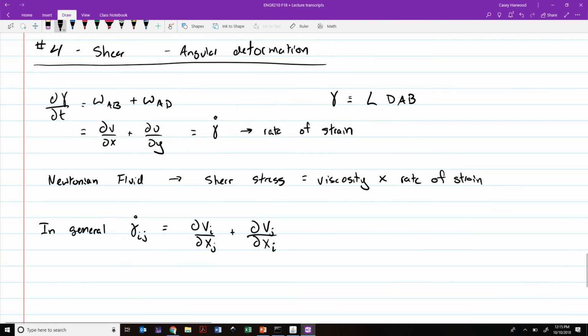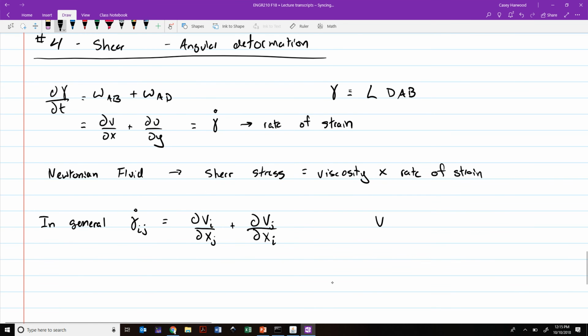For example, v1 is equal to u, v2 is equal to v, v3 is equal to w. x1 would be equal to x, x2 is equal to y, x3 is equal to z. This is indicial notation. So basically we're going to end up with a 3x3 matrix that tells us how quickly shear deformations are occurring as a result of variations of u, v, and w in the x, y, z directions.